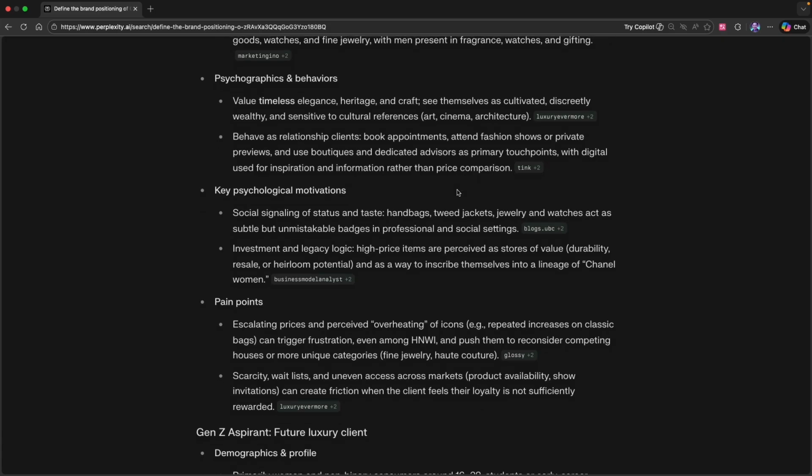This is fascinating. Escalating prices and perceived overheating. Even wealthy clients get frustrated when prices jump too high, too fast. They feel their loyalty isn't rewarded. So content for this group must reassure them of the value and the craftsmanship to justify that price tag.